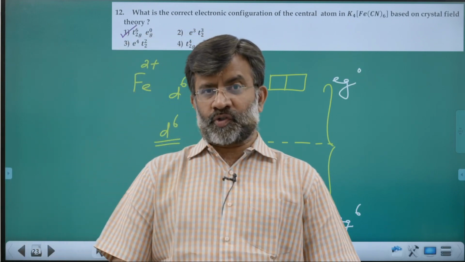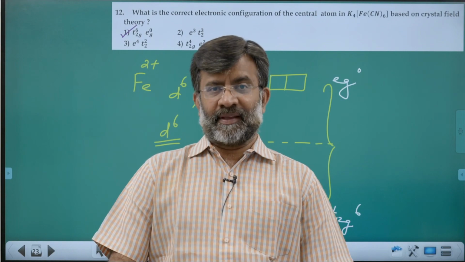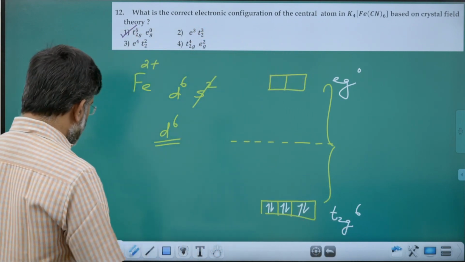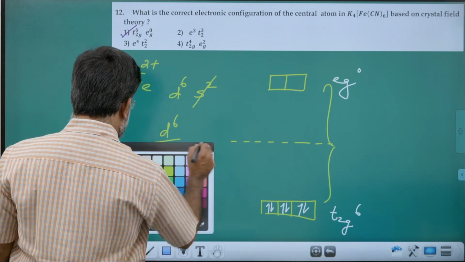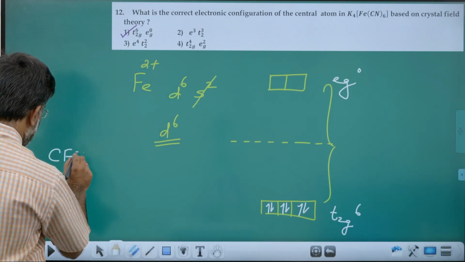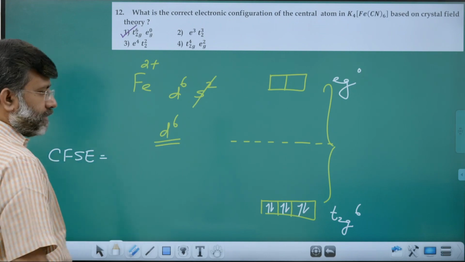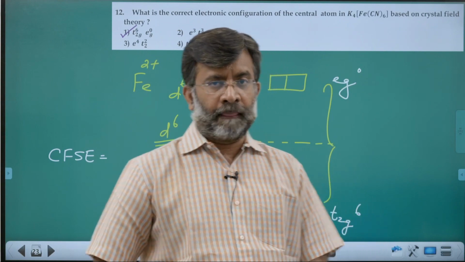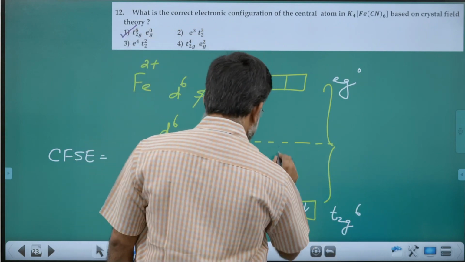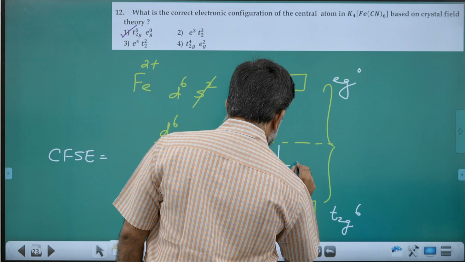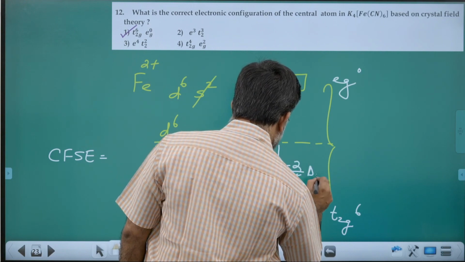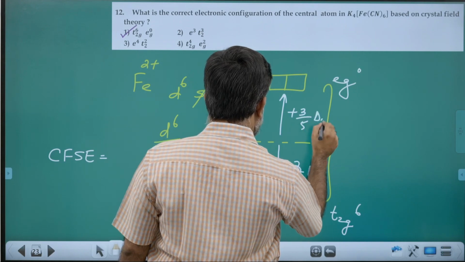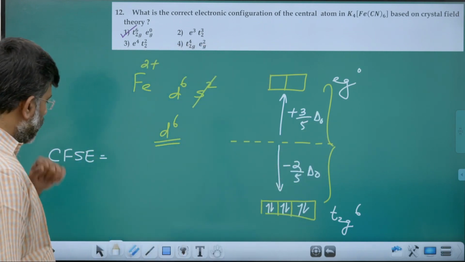And there can be a question calculating CFSE. What is the crystal field stabilization energy for this complex? CFSE means crystal field stabilization energy. I am sure all of you know this is dropped by minus 2 by 5 delta O, while this is increased by plus 3 by 5 delta O. How to calculate CFSE?